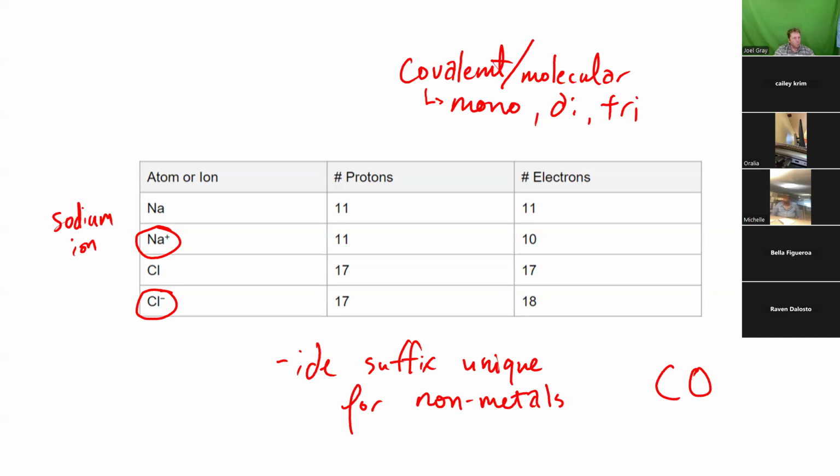Now, what is the chemical name for SF6? What is that compound?